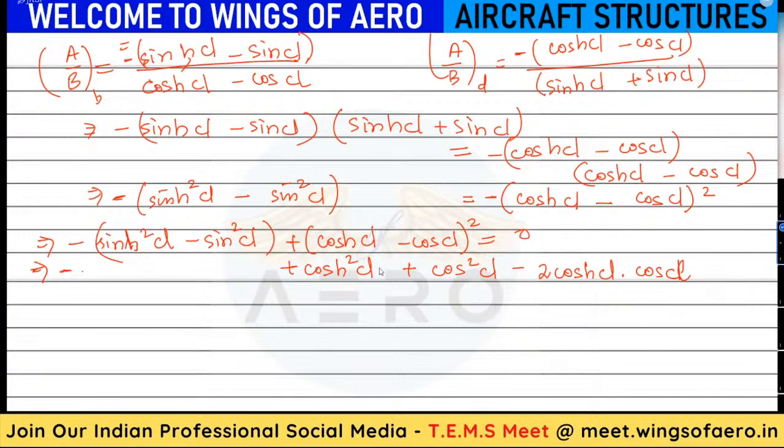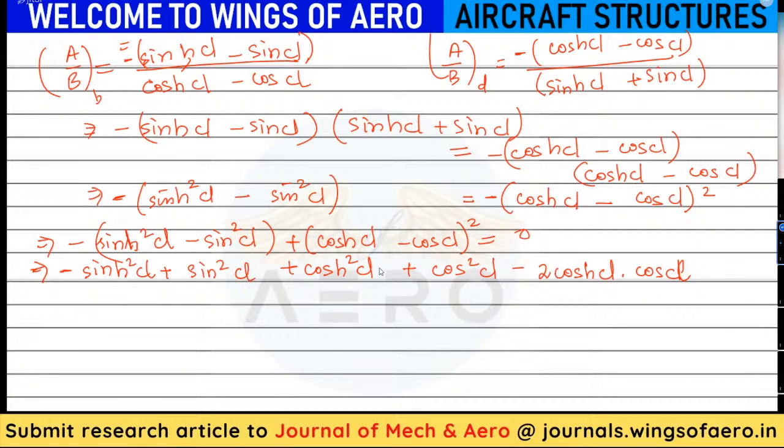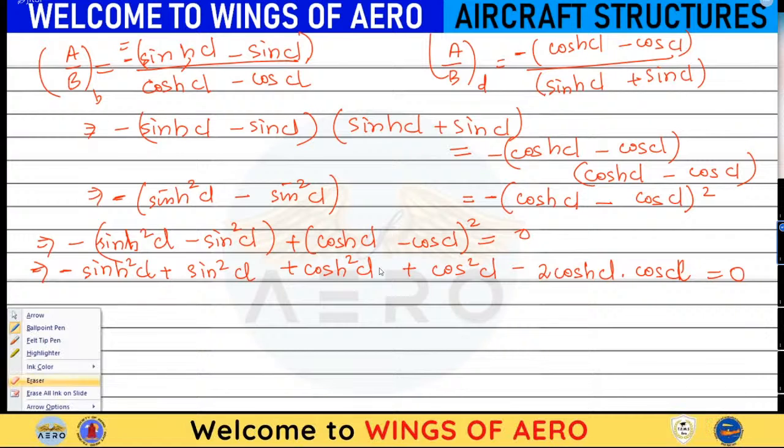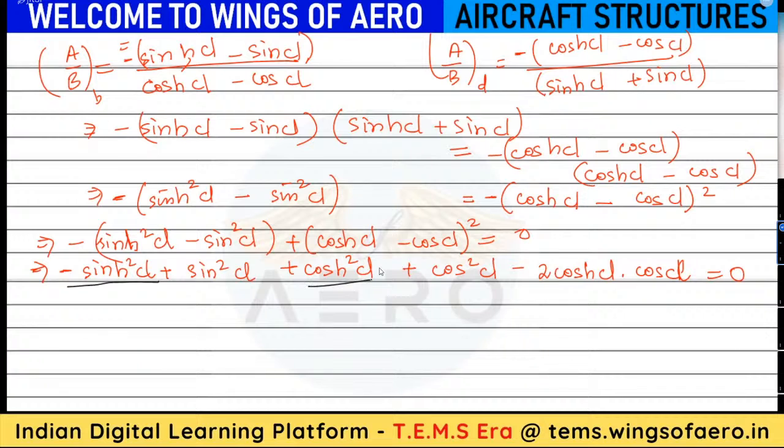Then here we'll get minus sinh square CL plus sin square CL equal to 0. So here we have minus sin square, here we have plus.